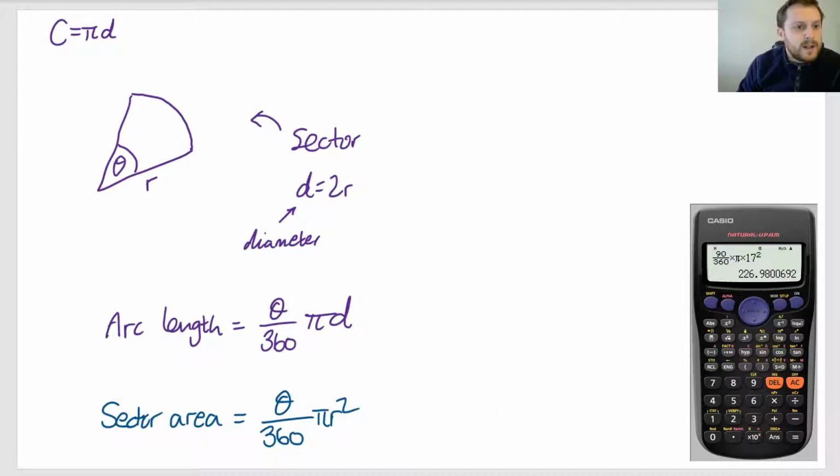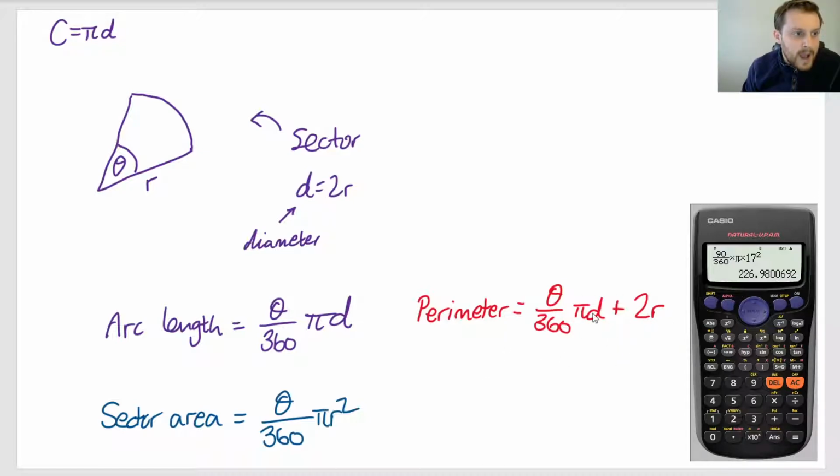And if you want to, we can also write down the formula for the perimeter as well, just while we're here. It's theta out of 360 times pi d. But then what have you got to add to it? You've got to add a radius and add another radius. So we could write that as 2 radiuses.